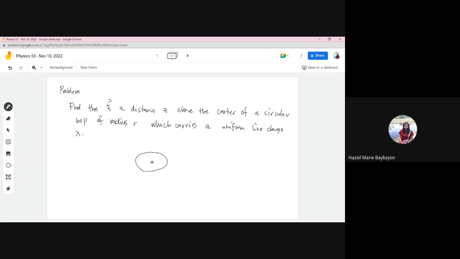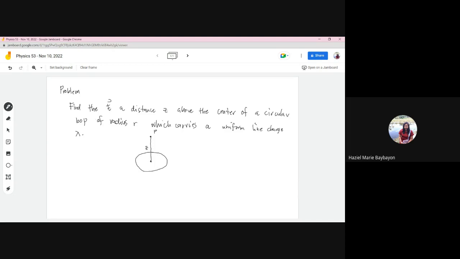You have a circular loop, and above the center, we have to measure the electric field at this point. So, a distance z above the center. This is your point P here. So, dito magkuhag electric field.